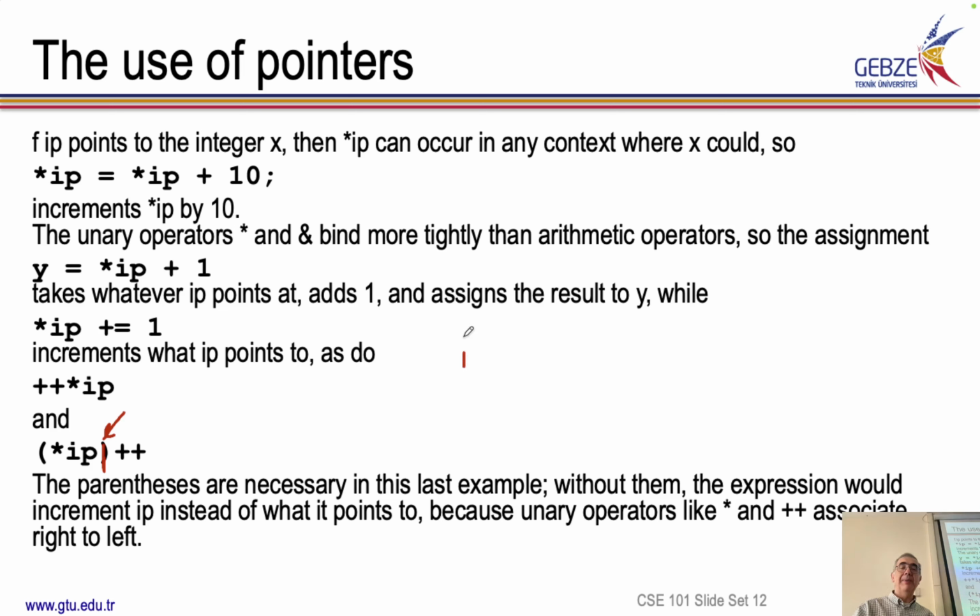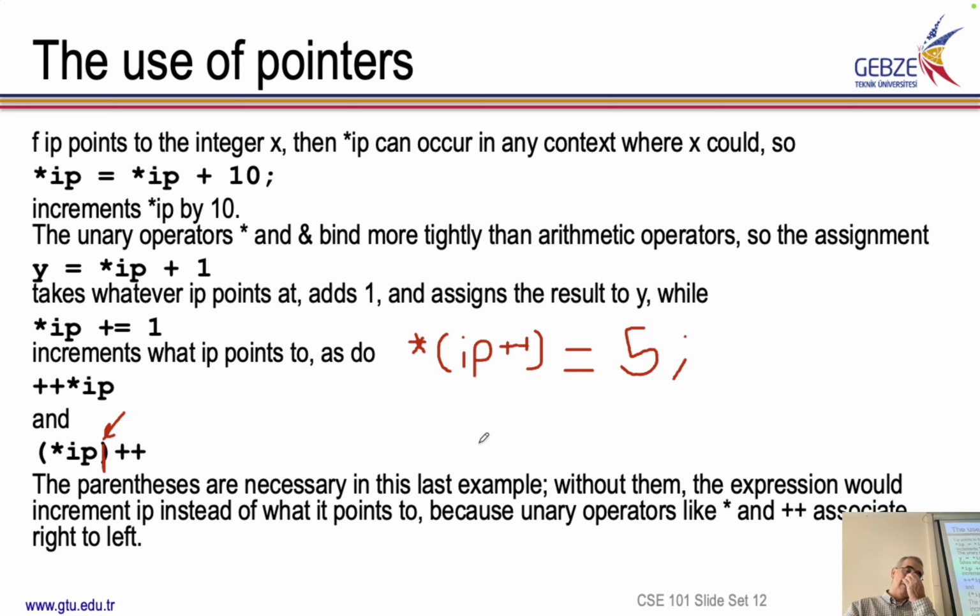For example, IP plus plus star is equal to 5. That means increment the pointer. So look for the next location in memory. Make the content 5.